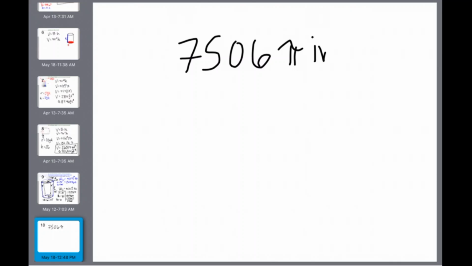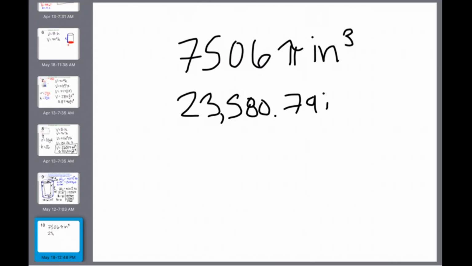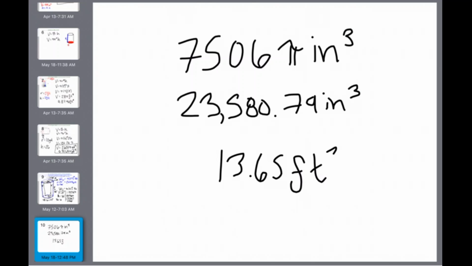This was in inches cubed of concrete, which if we multiply it out, will give us 23,580.79 inches cubed for our concrete. And if we were to put that into feet, it would be about 13.65 feet cubed for a volume, if we wanted it in feet.